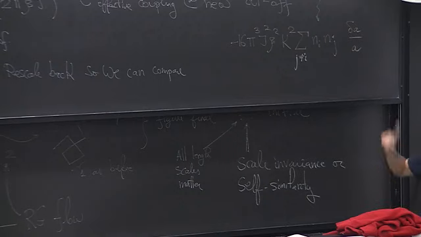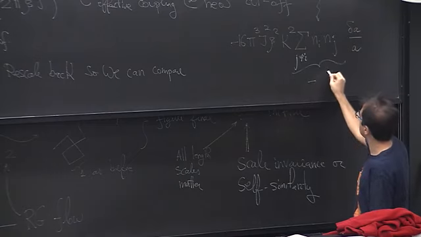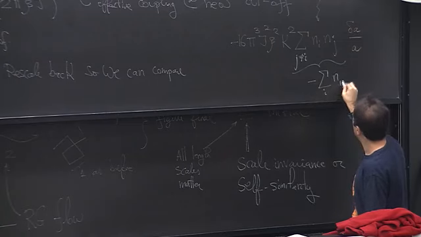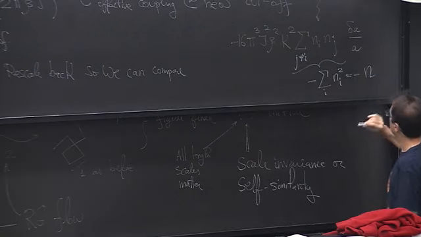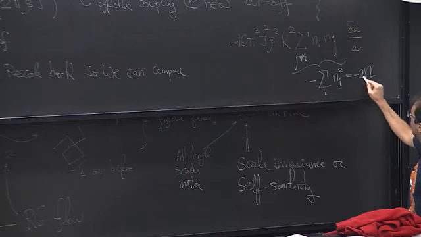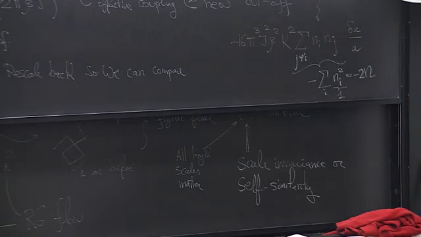But the sum over all j is 0 because we have neutrality. So this sum is nothing but minus the sum over i of n_i square, which is just minus twice n, because n_i square is 1. So it just counts how many there are.